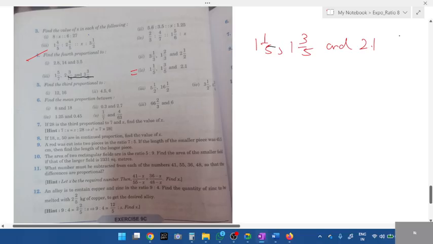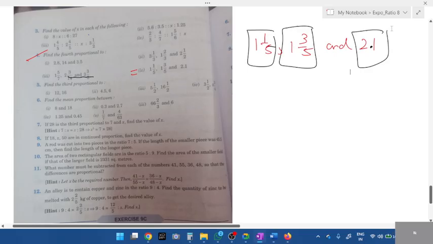Total how many values are given here? How do you find the fourth proportion? What do you take the fourth proportion as? x. Why are you not answering? What has happened to you, Amelda?